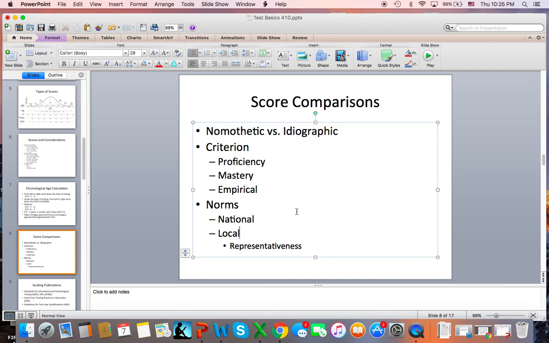So it doesn't necessarily take into account the experiences or the socialization processes. One way that some folks have tried to address that is through the use of local norms. For local norms, the normative group that you're comparing an individual student's score to came from just that student's school or that student's district.